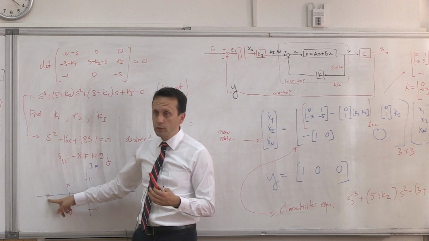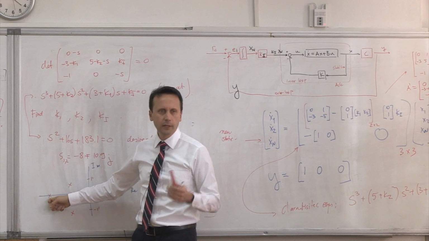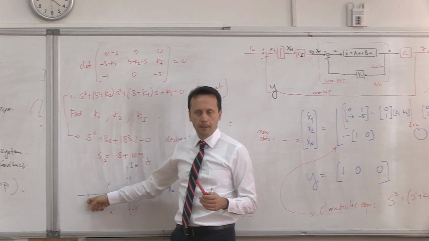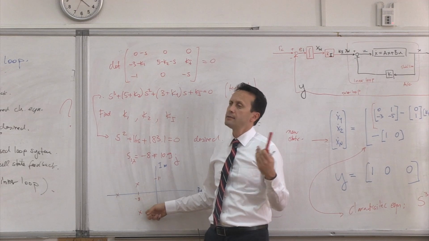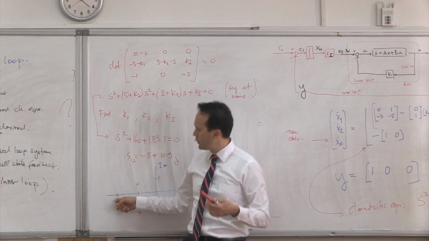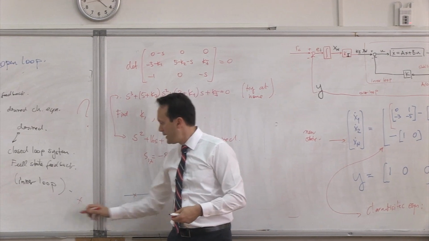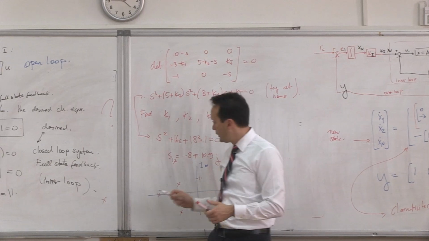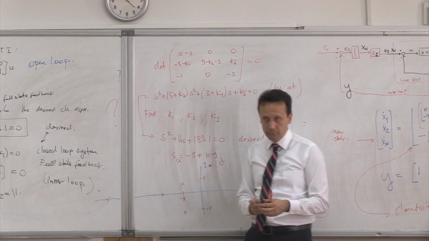Now this one, of course, during the transient, will interfere for sure. But this one will die out faster, and this one will die out at the time that was coming from the requirement. So if you put this one further away, then this will die out a lot faster and will interfere less with the transient as well.